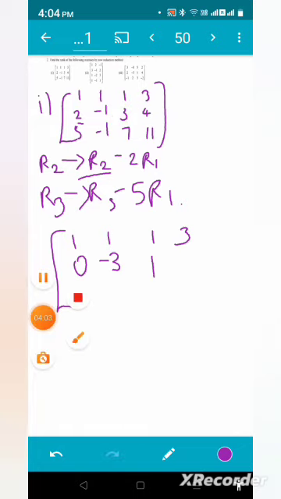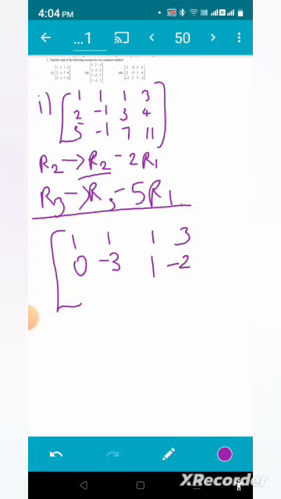Then similarly 4 minus 6 we get minus 2. Similarly row 3, R3 minus 5R1. R3 minus 5 into 5.